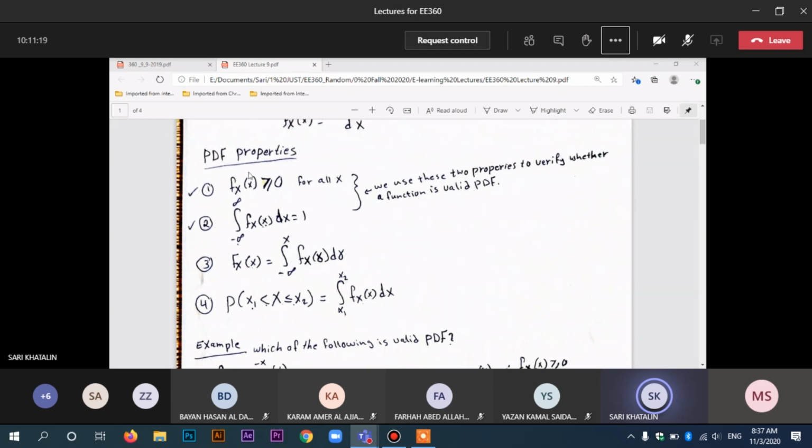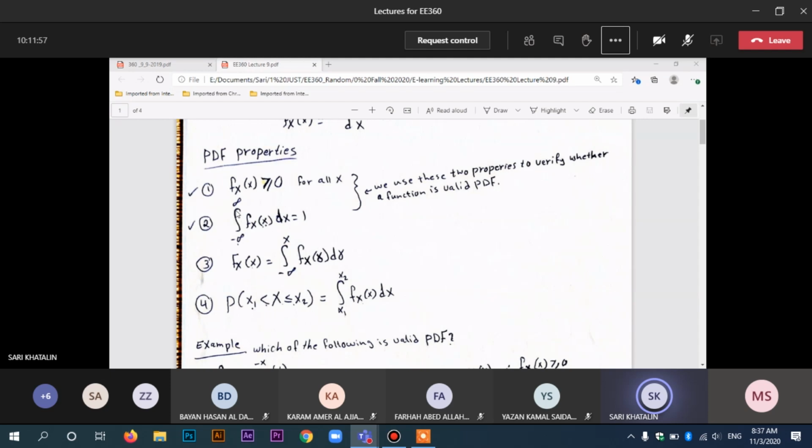Now, the first two properties, that f_X must be larger than or equal to 0 and that the area under the PDF is equal to 1, we use to verify whether a given function is a valid PDF or not. If you remember, we did the same thing for the CDF. If somebody gives you a function and you want to see if it is a valid CDF, we did that last lecture; you can go back to the notes and see.